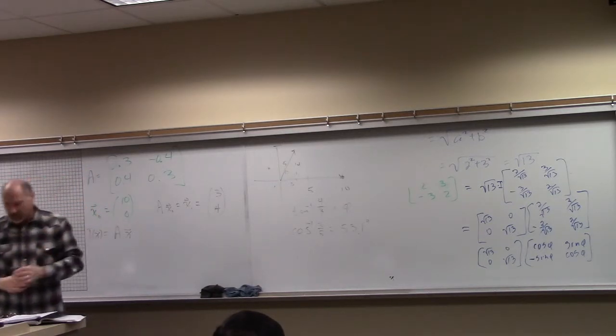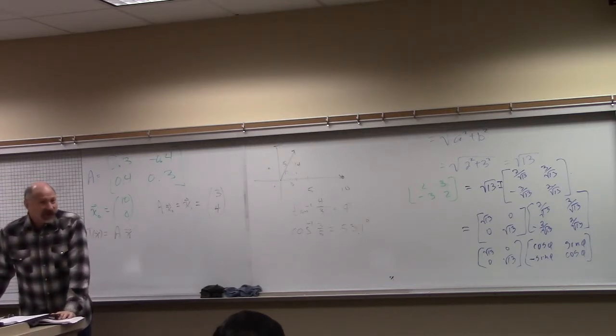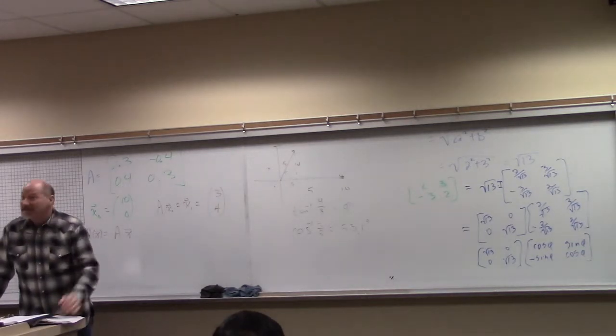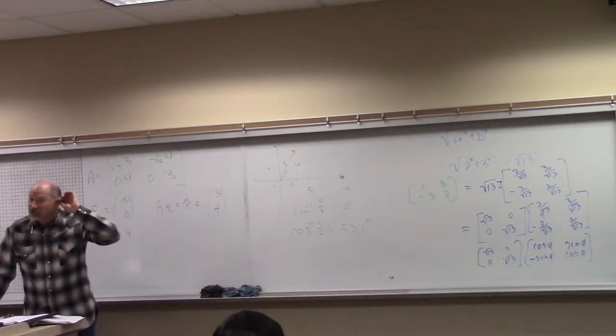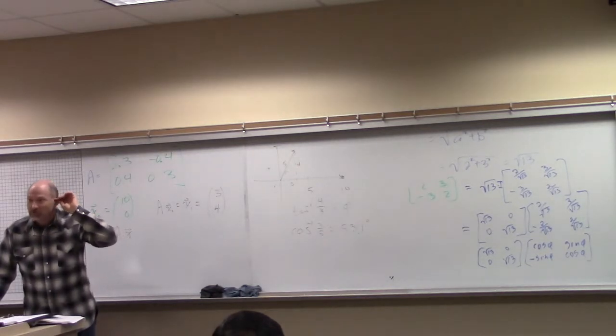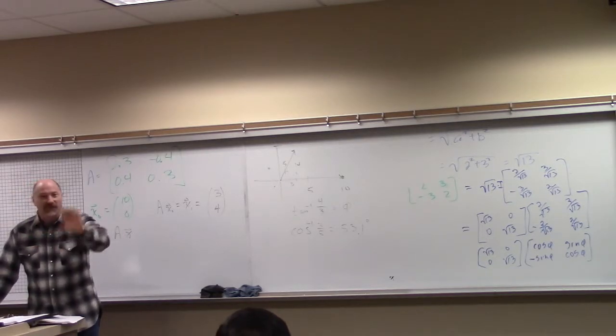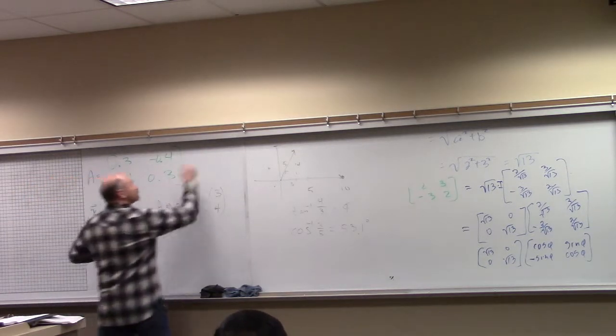So when computers generate fractals, it's really a bunch of transformations. And instead of using a matrix, they just use a lambda. They use an eigenvalue to multiply by. But remember, A times a vector is equal to lambda times a vector. That's how all this started, right?